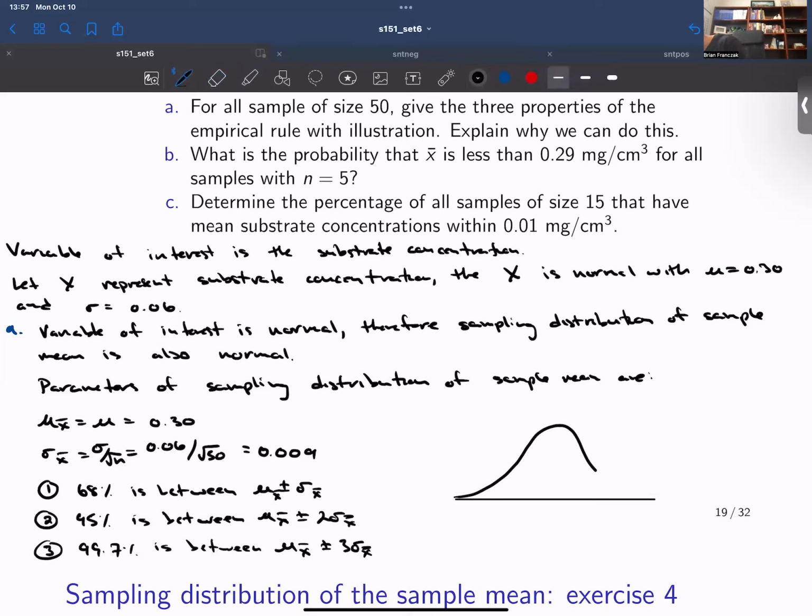All right, something like this. So along the x-axis, we're going to have values of x bar. At the middle, we're going to have 0.3. If we move 1 standard deviation away from the mean, we're going to subtract off and add 0.09.